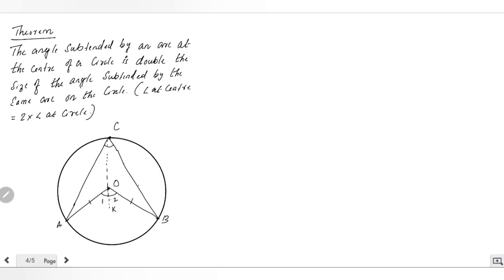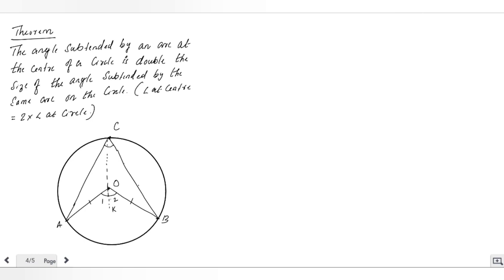Clear? So what we want to prove: the given part is the circle with the center O, the arc AB subtending the angle AOB at the center and angle ACB at the circle.